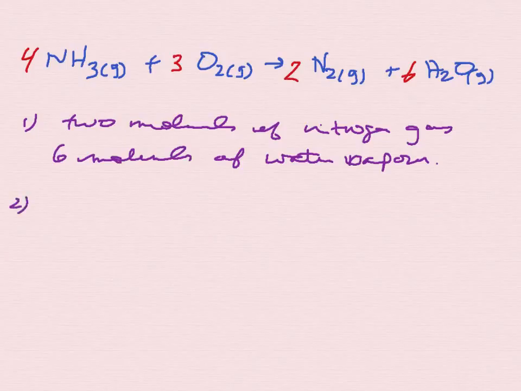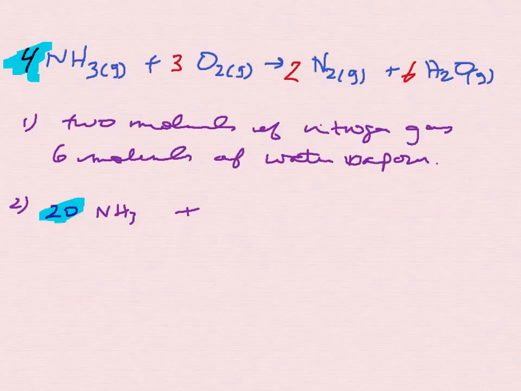We could take any variation of that, keeping it proportional. We could say, for example, 20 molecules of ammonia. If you look at the comparison between the given amount, which the ratio is 4, now all of a sudden we're going to have 20. That's 5 times bigger. So the rest of our statement would have to be 5 times bigger.